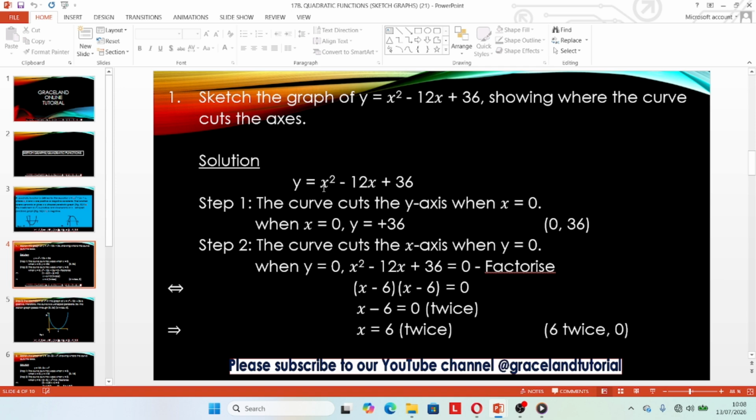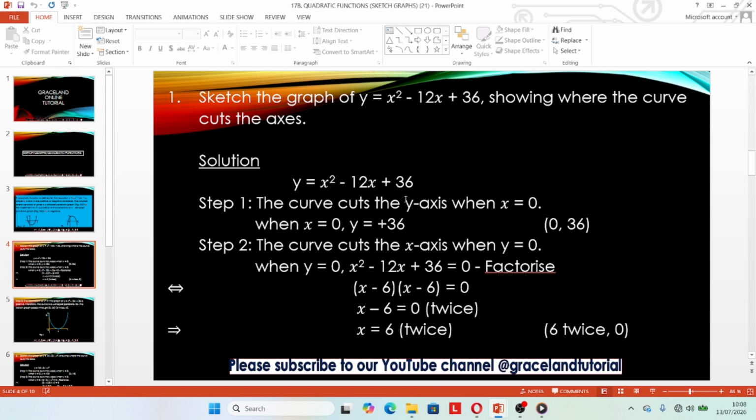So if you have 0 here, you have 0 squared minus 12 times 0, then plus 36. So the x squared will turn to 0, minus 12x will also turn to 0. So we have 0 minus 0 plus 36. So y automatically becomes 36.